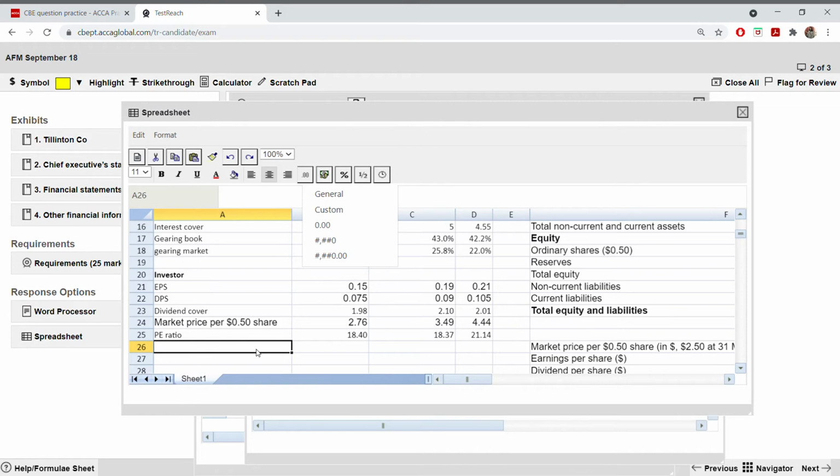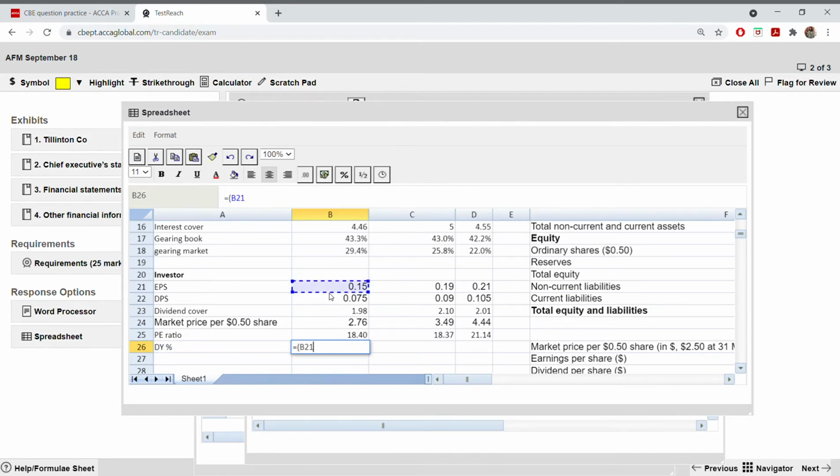Next, we have dividend yield, DY. Okay, write in short form, dividend yield. So the formula for dividend yield is DPS divided by share price. DPS, sorry, make sure you click the correct cell. Okay, DPS divided by share price.